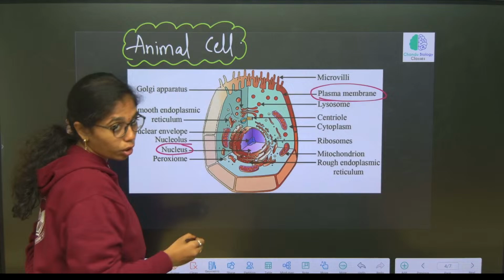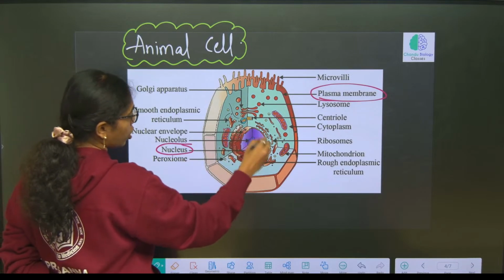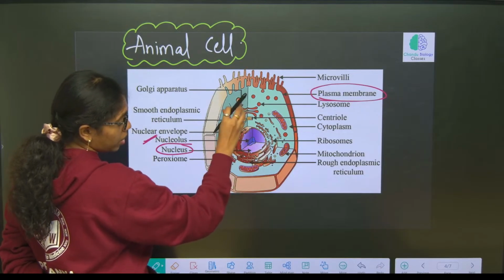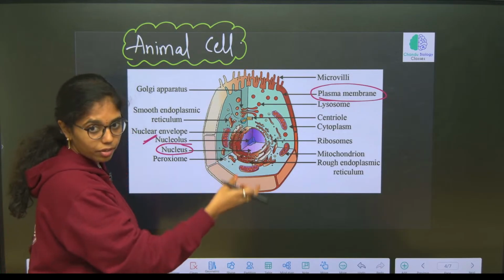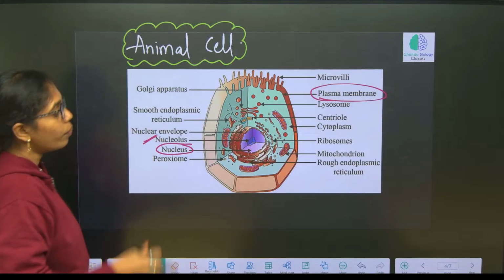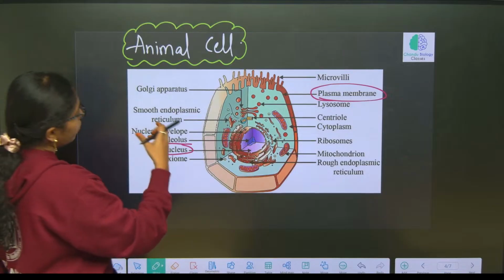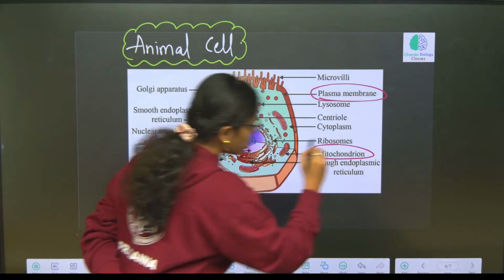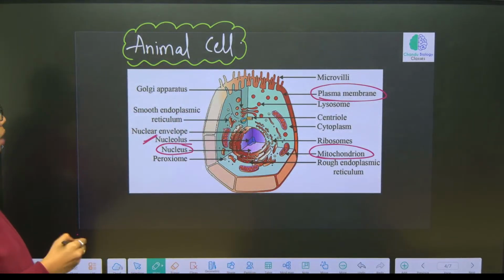Inside the nucleus, we have discussed four components: nucleoplasm, nucleolus, and surrounding that the nuclear envelope, in which you have nuclear pores. And one more double membrane bound organelle is the mitochondria, called the powerhouse of the cell.